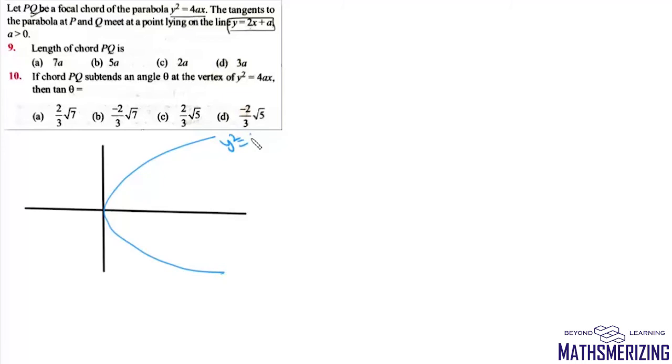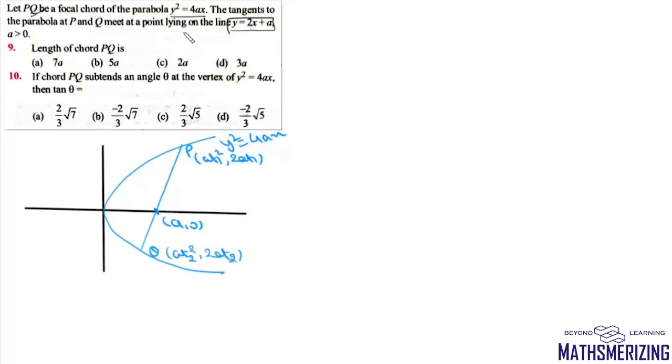So that's y square equals 4ax, and then we have this chord PQ and passes through focus, which is a comma 0. So let P is at1 square, twice at1, and Q is at2 square, twice at2.